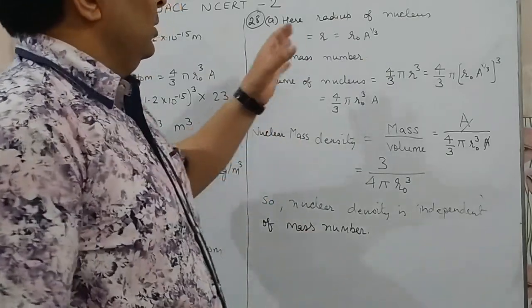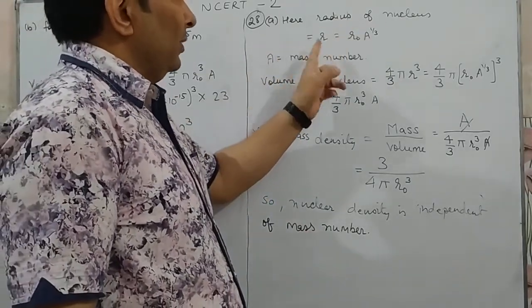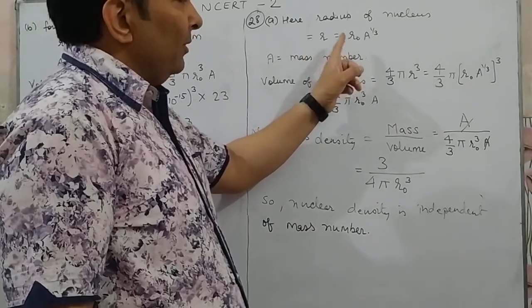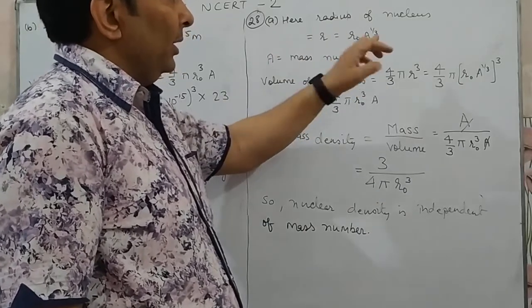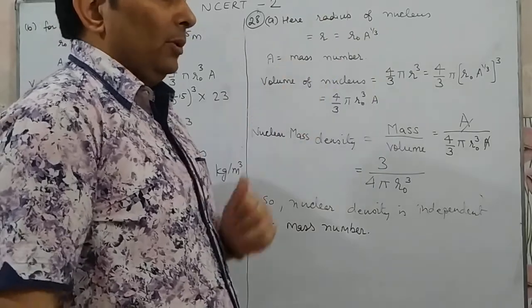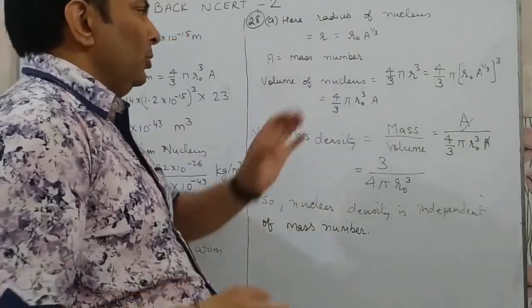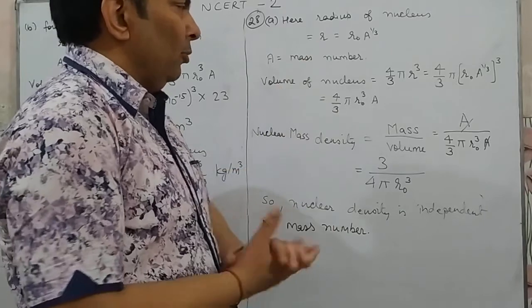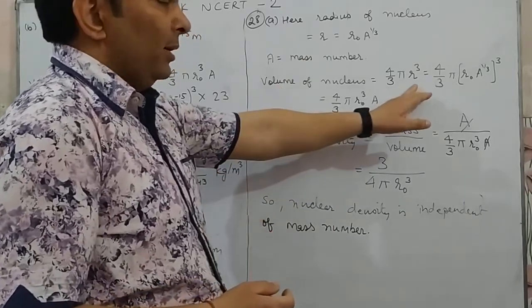Otherwise, it's okay. Now the radius of the nucleus is given as R, which is directly equal to R naught A^(1/3). In this case, A is the mass number. Now using the same concept, the volume of the nucleus is 4/3 π R cube.